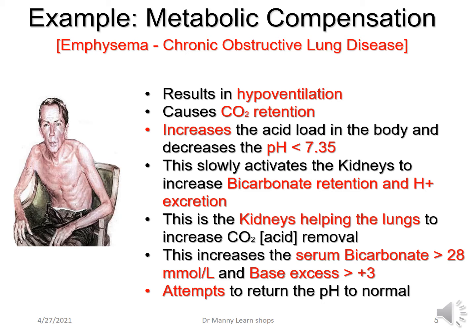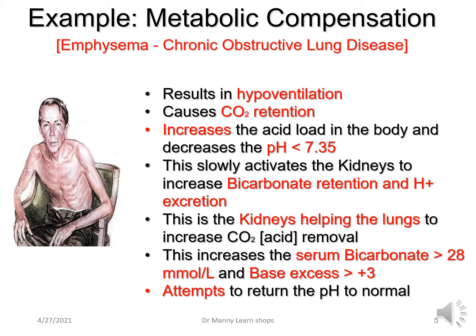Here's an example of metabolic compensation. The disease process that we're going to look at is a chronic obstructive lung disease, such as emphysema. And in emphysema, even though sometimes the person involved is breathing quickly, called tachypnea, they're still hyperventilating.